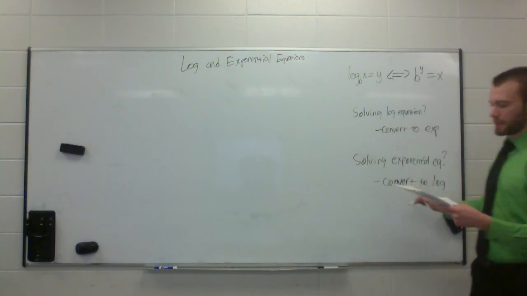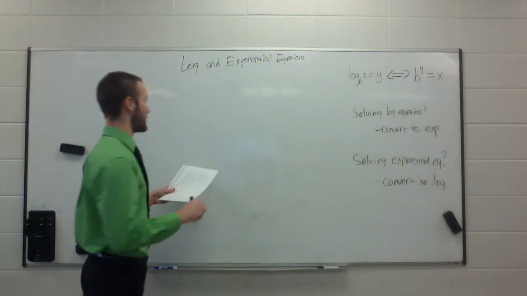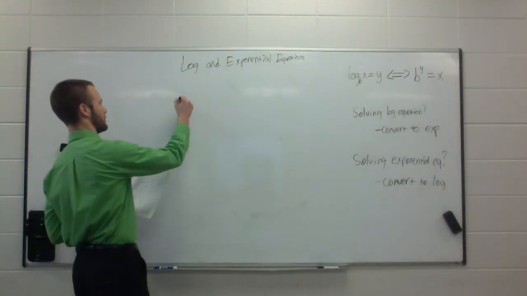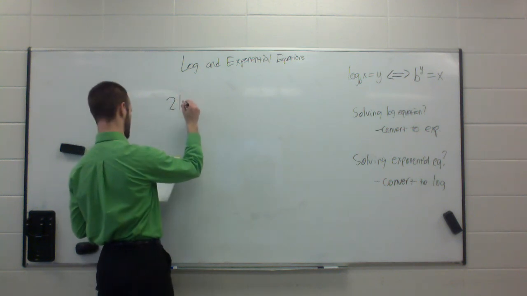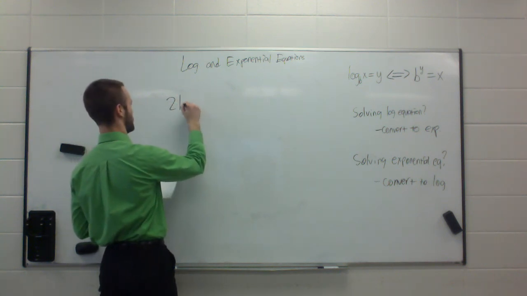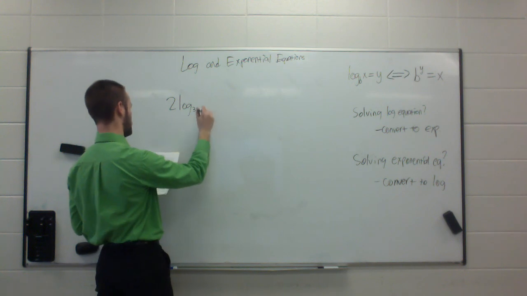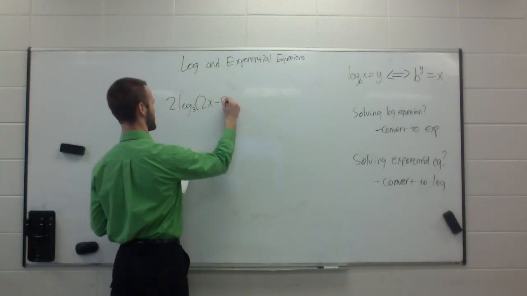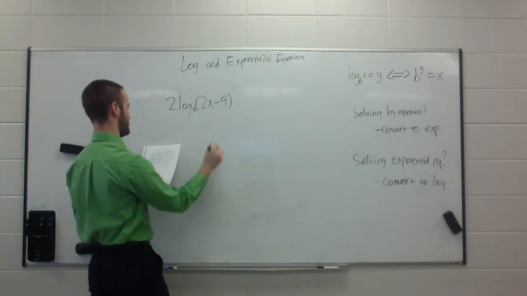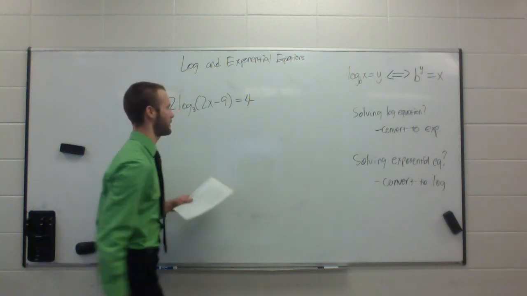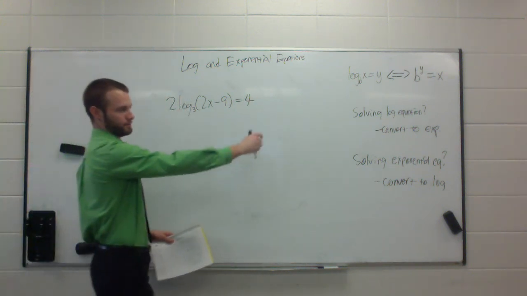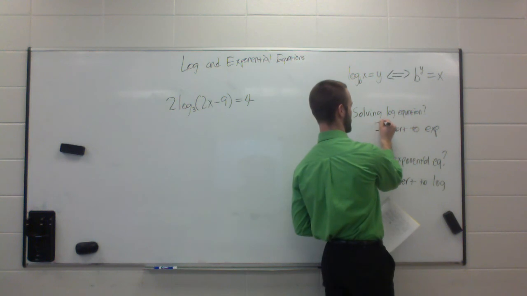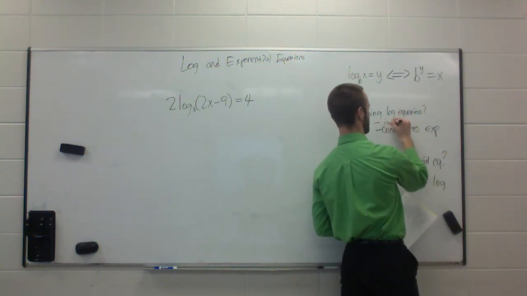So an example, and we've done some like these already in class, but if you have 2 times log base 3 of 2x minus 9 equals 4. First, you need to isolate the log.